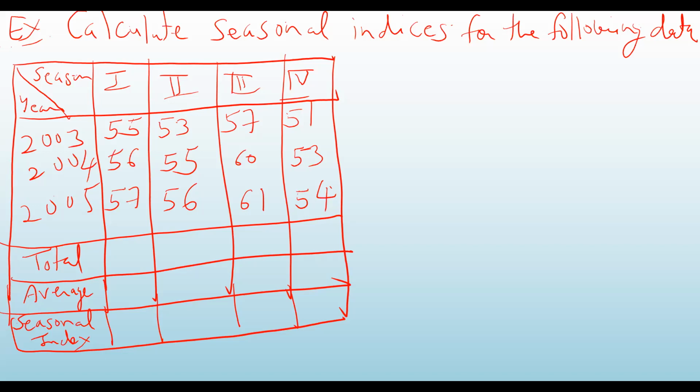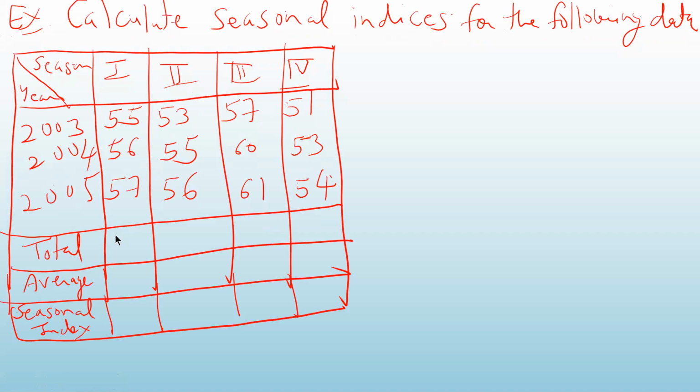Then you have to take the average, so divide by 3. There are 3 values which you have added, only 3 years are there. Divide by 3 will give you 56 here.